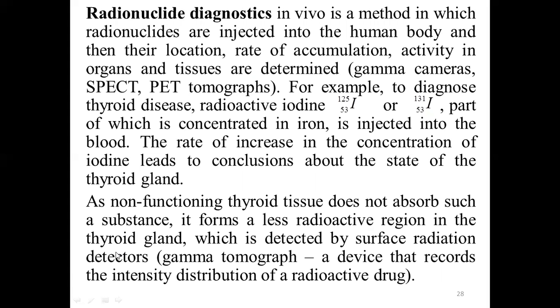The rate of increase in the concentration of iodine leads to conclusions about the state of the thyroid gland. As non-functional thyroid tissue does not absorb such a substance, it forms a less radioactive region in the thyroid gland, which is detected by surface radiation detectors, a gamma tomograph, a device which records the intensity distribution of radioactive drug.